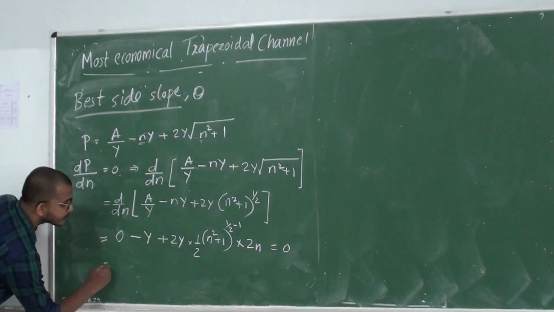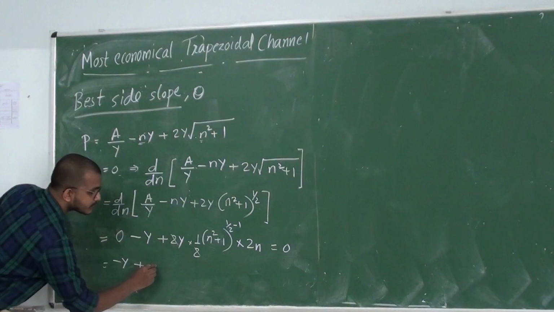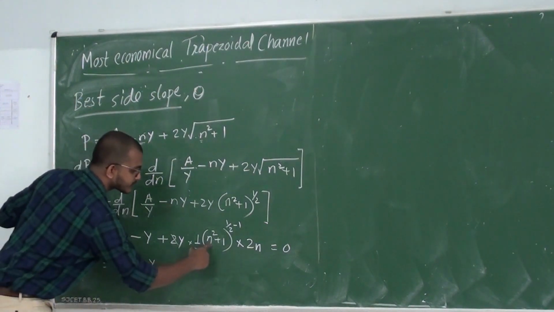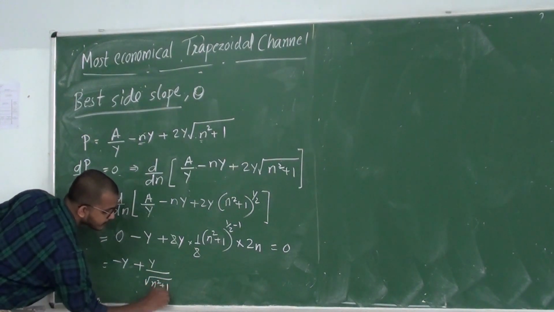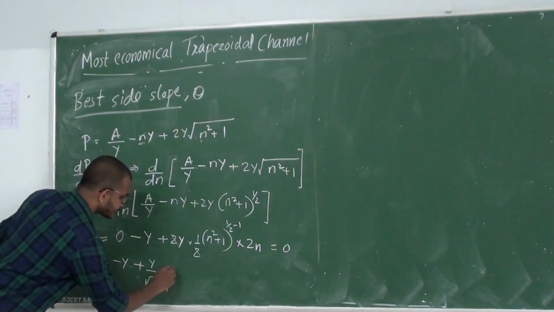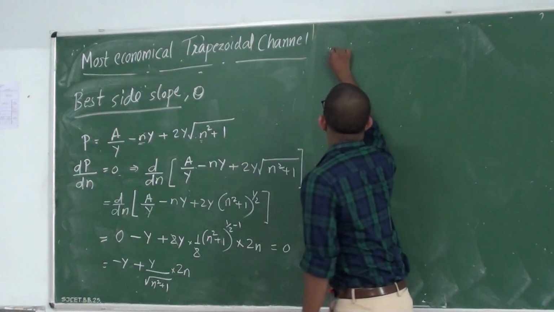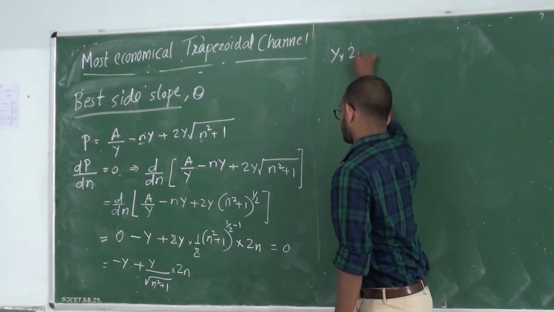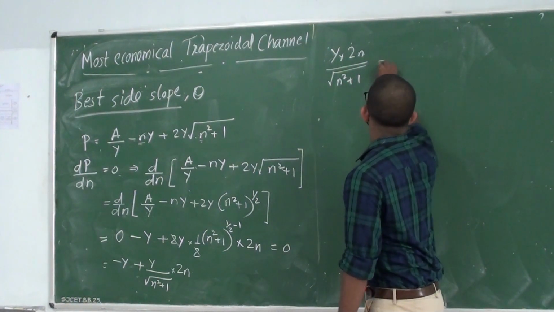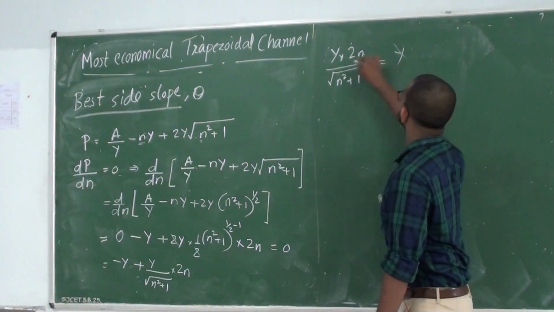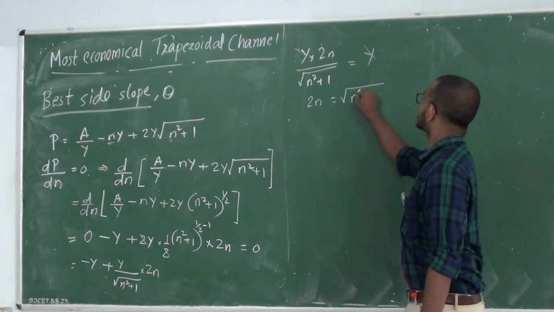So this is minus y plus y into n square plus 1 to the power minus 1 by 2 into 2n. That means y into 2n divided by square root of n square plus 1 is equal to y. We can cancel y, so 2n is equal to square root of n square plus 1.